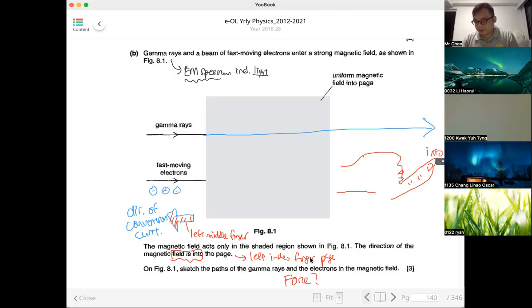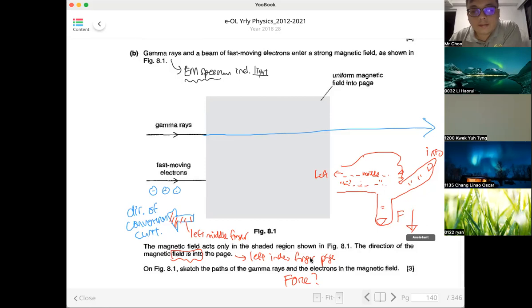Then your middle finger will be to the left. So your thumb will be pointing where? So your force will be pointing downwards.